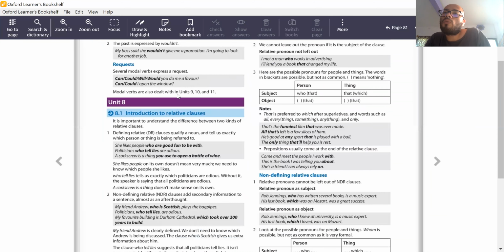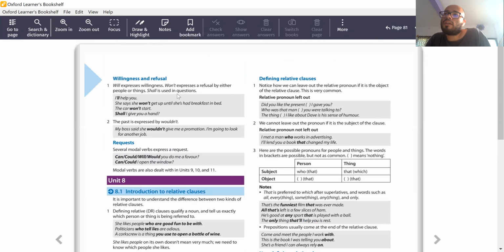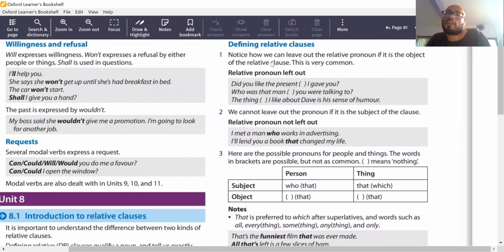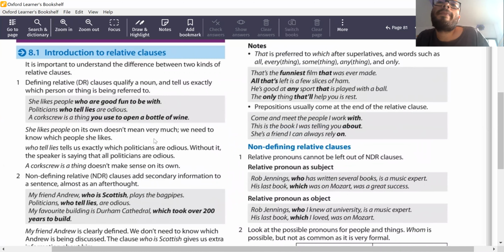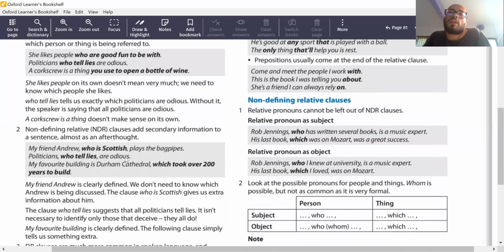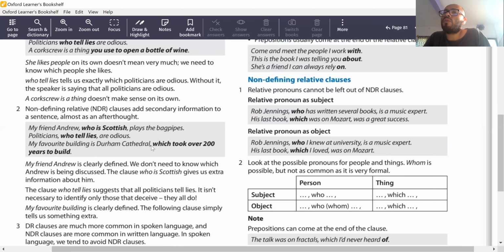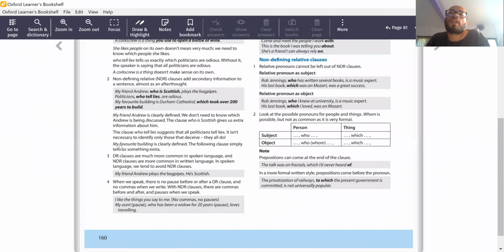It's on page 160. You have there the introduction of relative pronouns and examples. She likes people who are good fun to be with. My favorite building is Durham Cathedral, which took over 200 years.